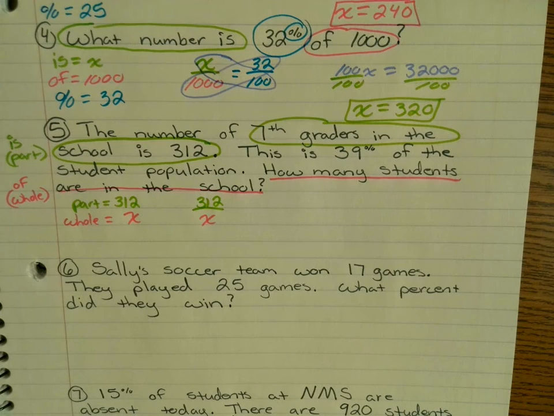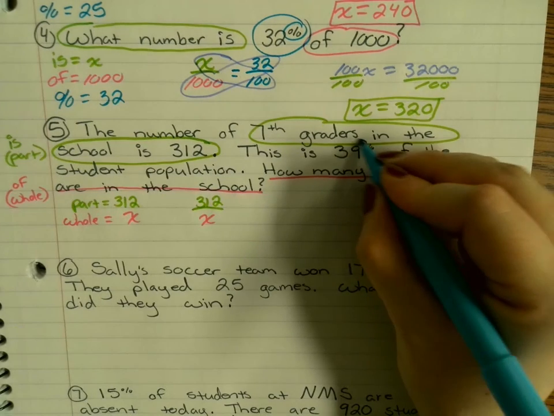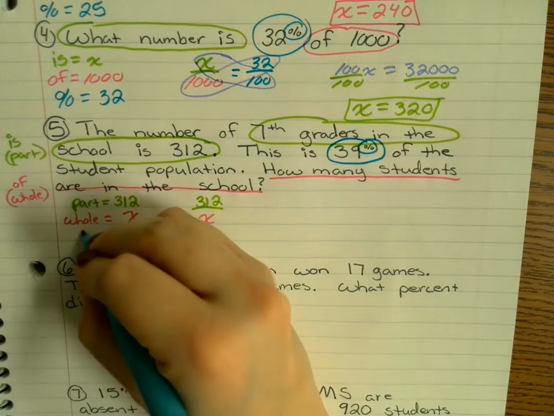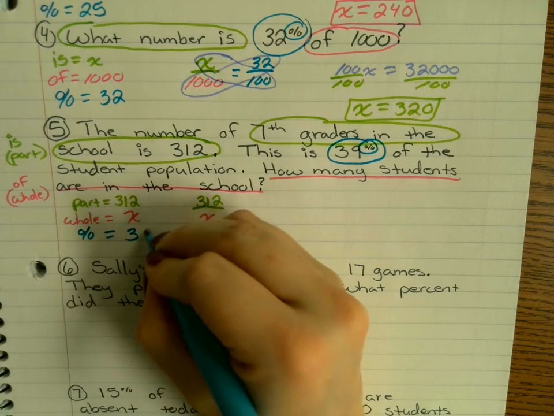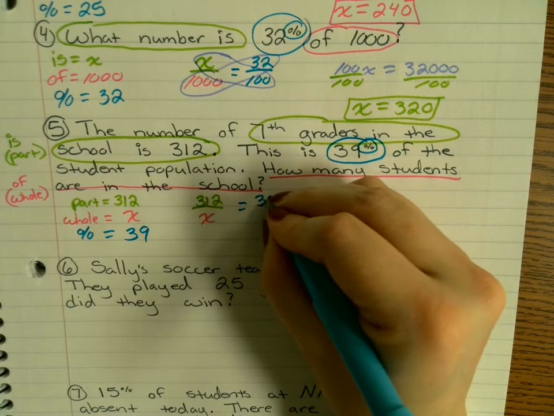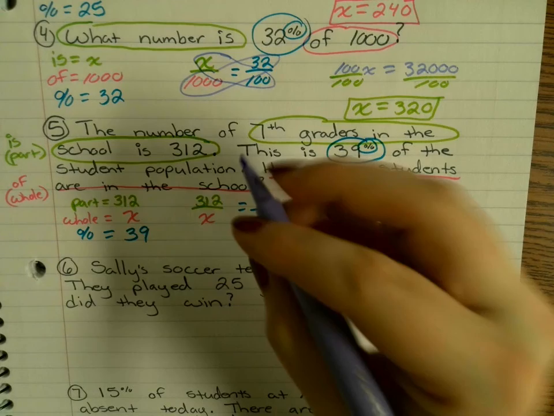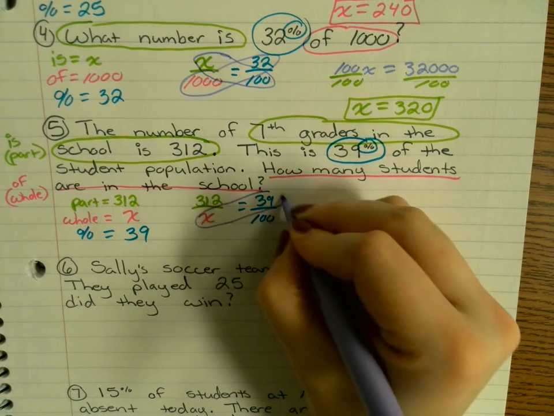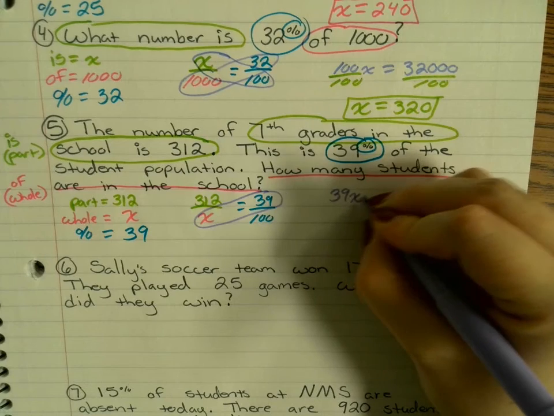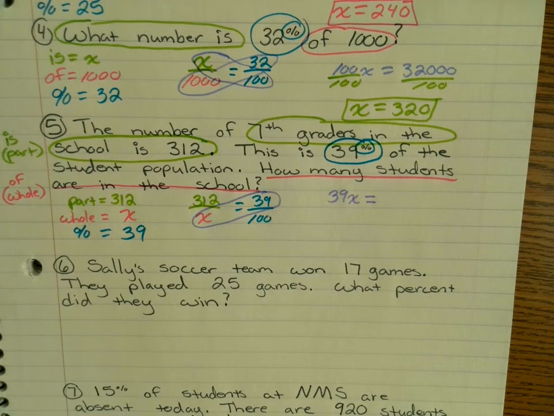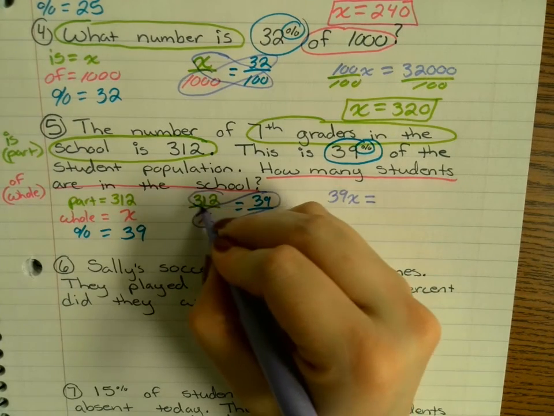And then, of course, as always, the easiest number to identify is anything that has a percent. Our percentage is going to be 39. So we'll set this equal to 39 over 100. Once we have it set up, we just solve it. So we're going to multiply 39 times x, which is 39x. We're going to multiply 312 times 100.